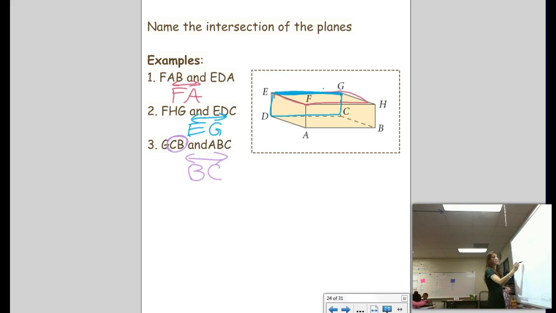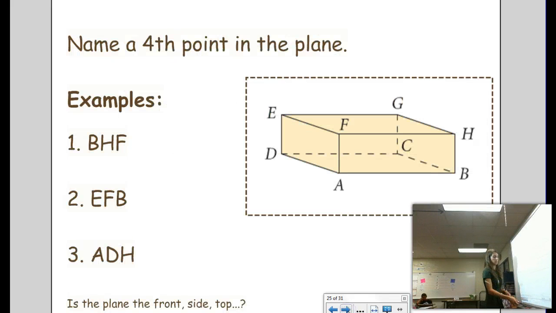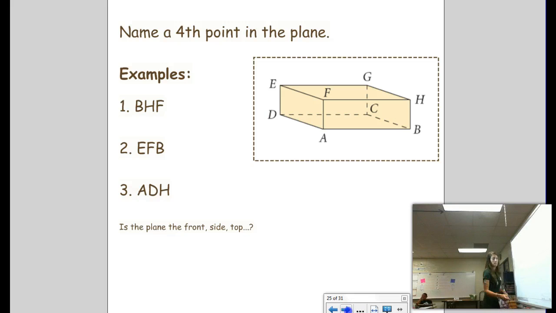Look, there's a C and a B in this one, and there's a C and a B in this one. That means they have to touch at CB because they both contain CB. So I actually could have solved this one without a picture. Yes, Paige? What if we do it backwards, like instead of putting BC, we do CB? They're both equally correct. Okay.